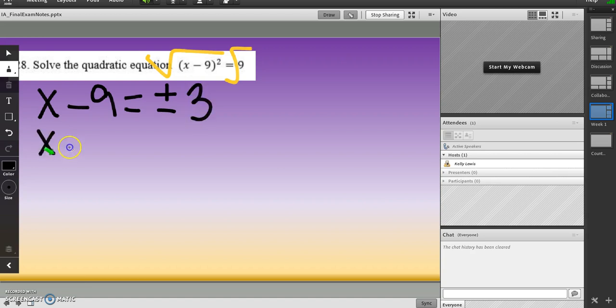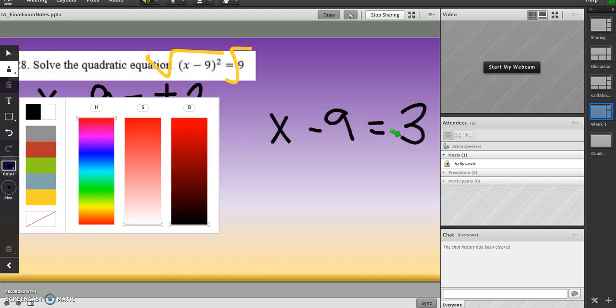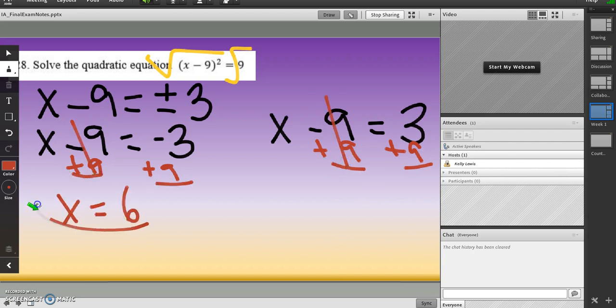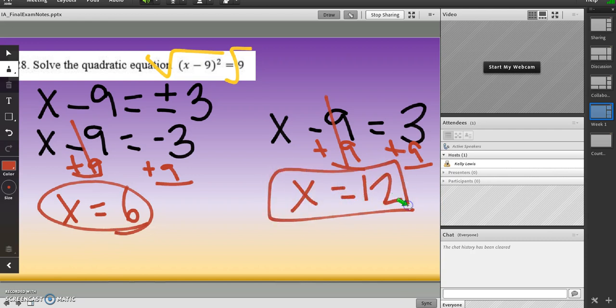And so we have x minus 9 equals negative 3, and x minus 9 equals positive 3. That negative 9, we need to add to both sides. Those cancel. Those cancel. And so negative 3 plus 9 is 6, and 3 plus 9 is 12. We get 2 answers, and we knew we would get 2 answers because of that squared.